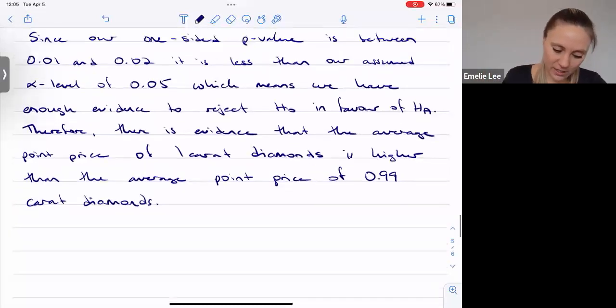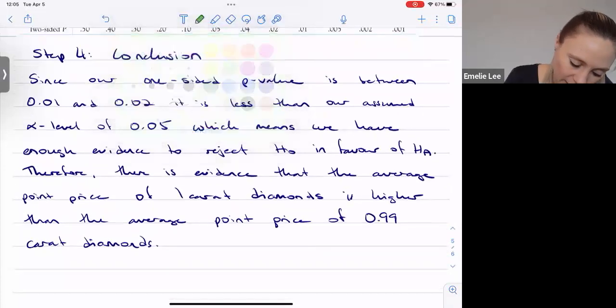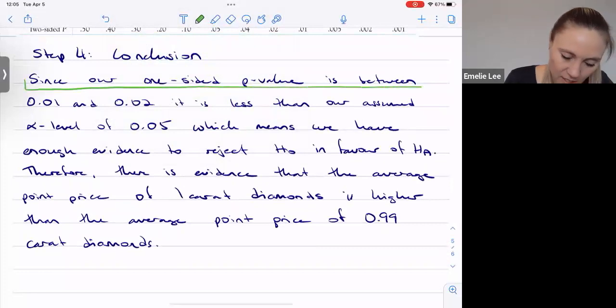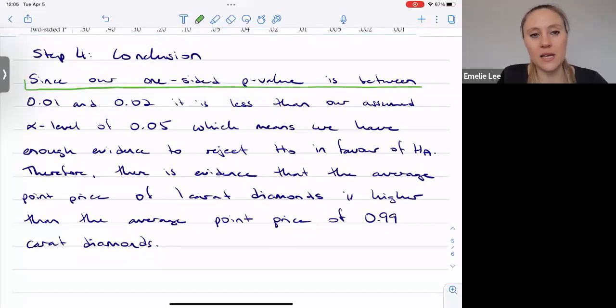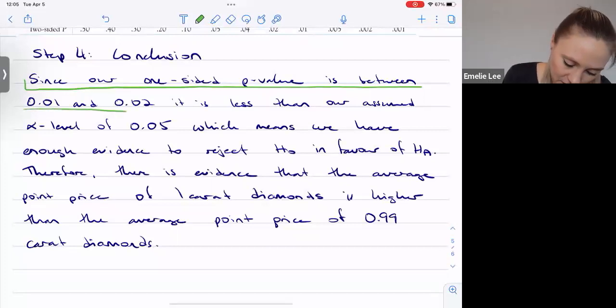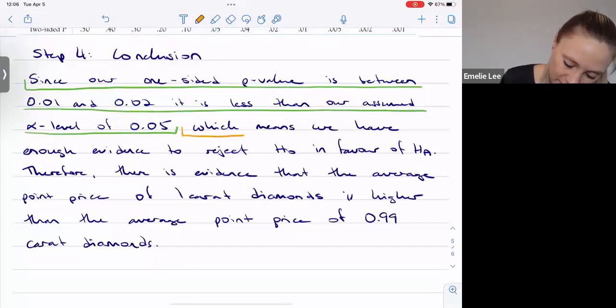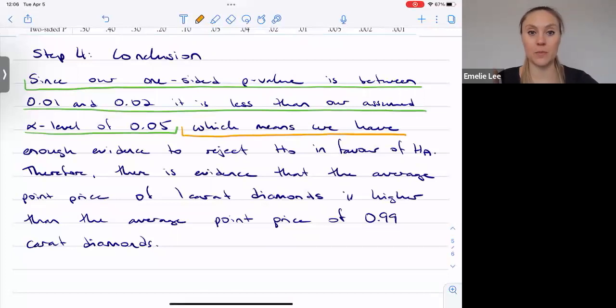So good. I just want to go through and highlight the 3 parts of our conclusion like we were doing in the past. We compare our p-value to our alpha level. That's standard now. And then our conclusion in terms of the null hypothesis: we either have enough evidence to reject H0 or we do not have enough evidence to reject H0.